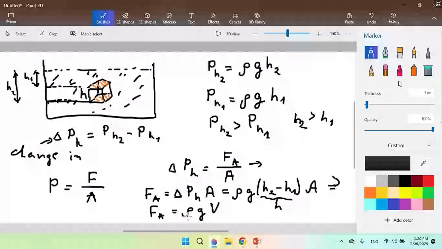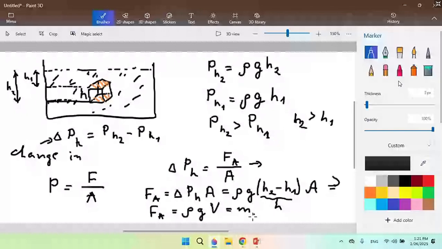Density. Density of what? Not of the cube, of the fluid, of water or whatever fluid is there. So thus, density of the fluid times the volume of the fluid being displaced, which is the same as the volume of the cube.